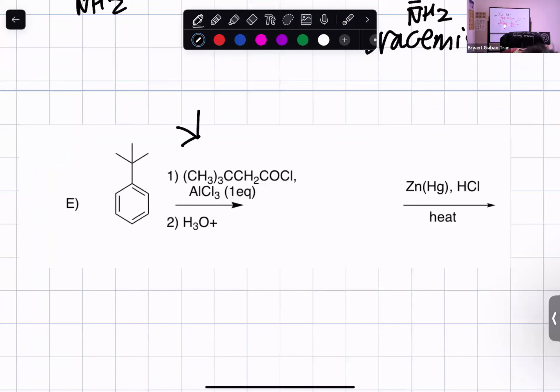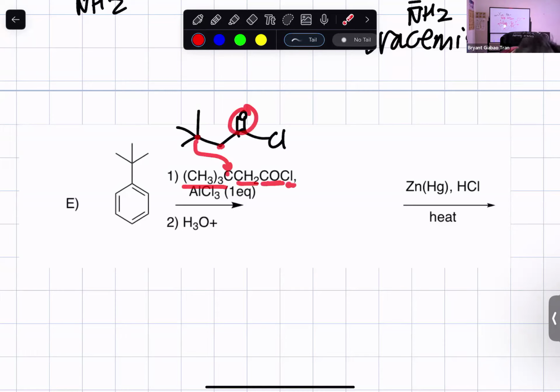The tert-butyl CH2COCl, where the CH3 groups are on this central atom, the CH2 is this CH2 here, the CO is that carbonyl, and the Cl is that chlorine right there.